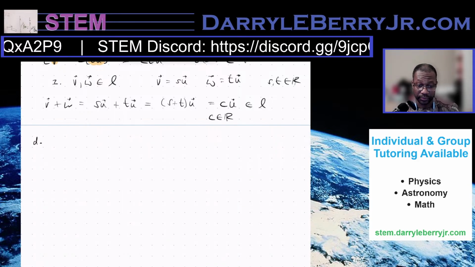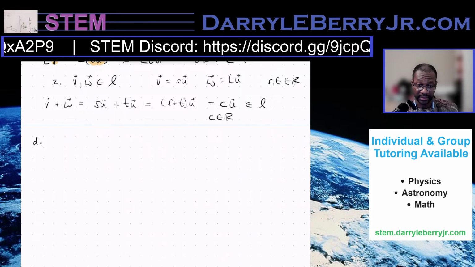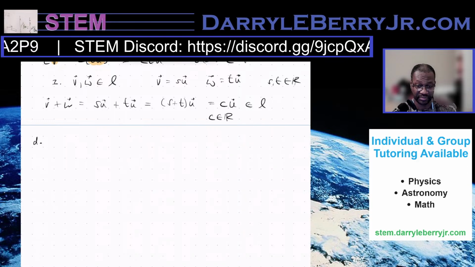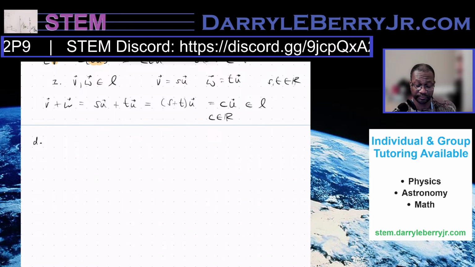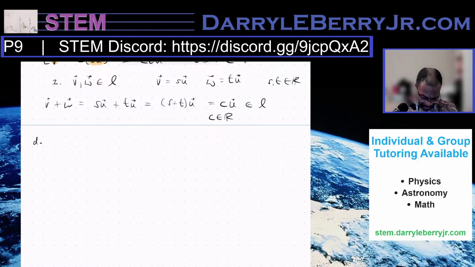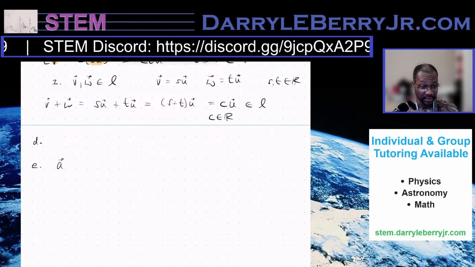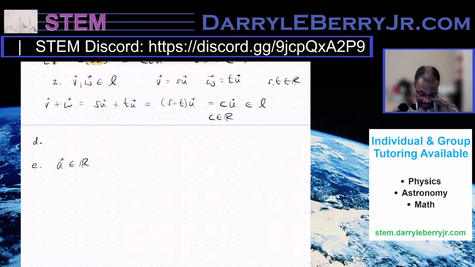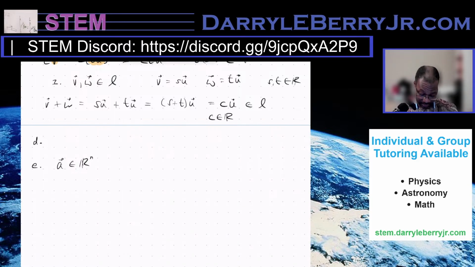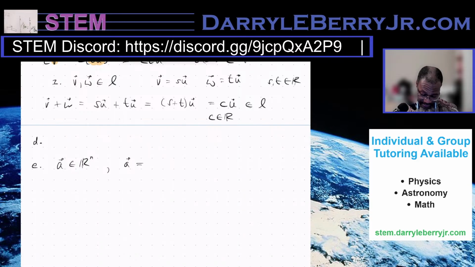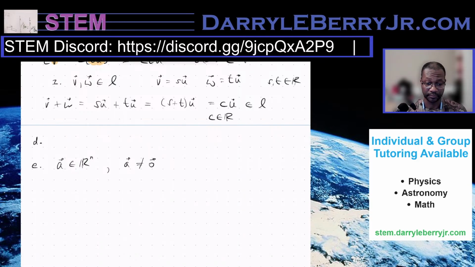D, similarly, any plane through the origin in Rn is a subspace of Rn. We'll leave this to the reader to check, but this is a special case of proposition 1.2 below. And E, so A is in Rn, and A does not equal the zero vector.